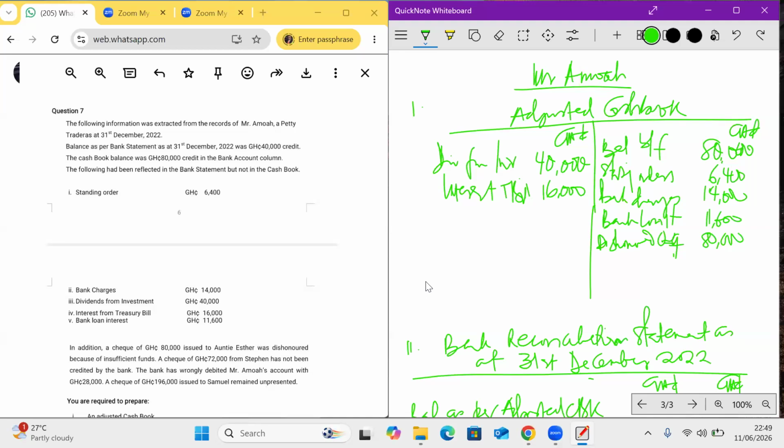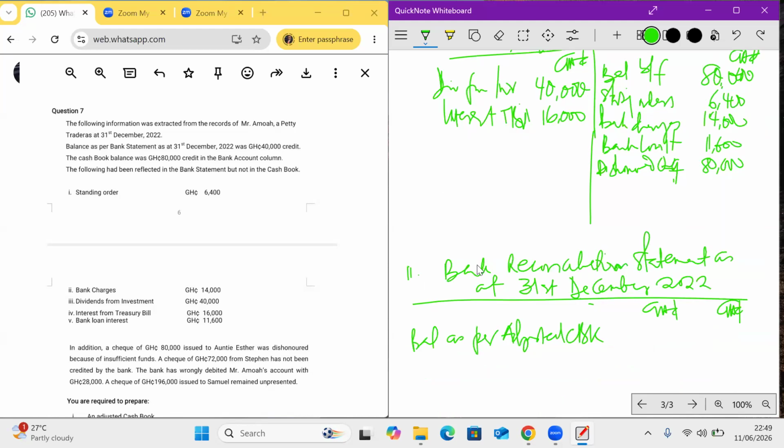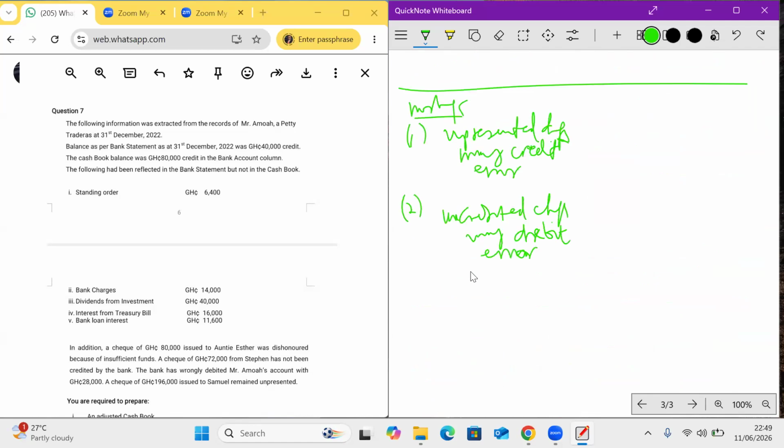A check of 72,000 from Stephen has not been credited by the bank. Uncredited checks. That's great. Another name for uncredited checks is check lodgements.